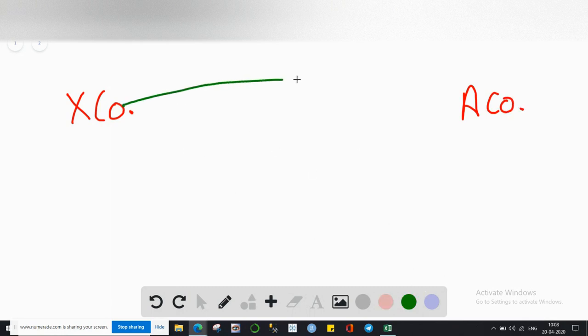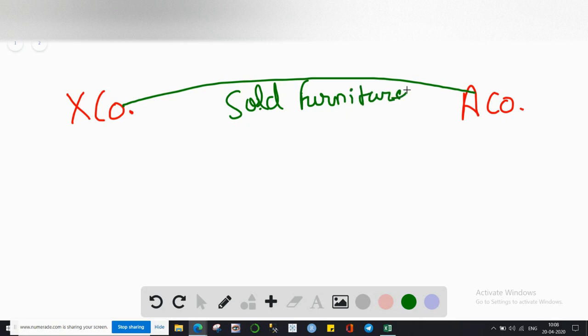Let's say we have X company and we have A company. Now let's say the X company sold furniture worth $1,500. I'm denoting it by making directional arrows.